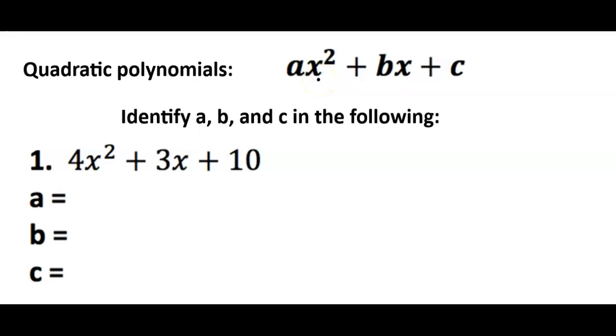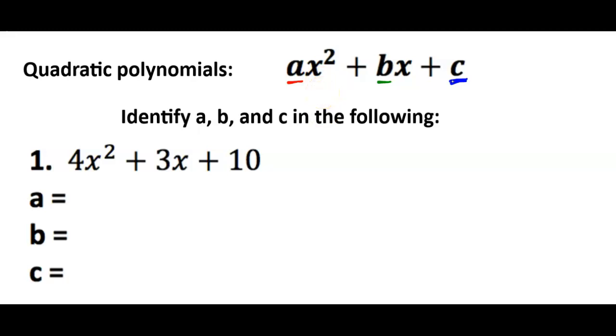Now, we need to be able to identify my A, my B, and my C. Oops, that's supposed to be blue. There we go. A, B, and C to be able to do this process. Now, remember, my A value comes from what's attached to the x squared.